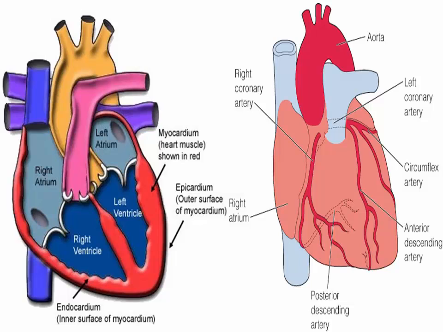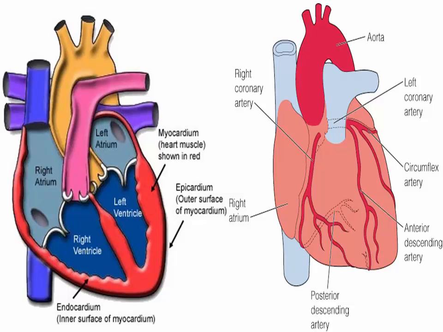Then the apex of the heart is at the bottom, and again usually located at the fifth intercostal space, midclavicular line and left midclavicular line. And this is usually where you're going to hear the PMI, or the point of maximal impulse. This is where we usually get the best heart sound when we're listening to heart sounds.